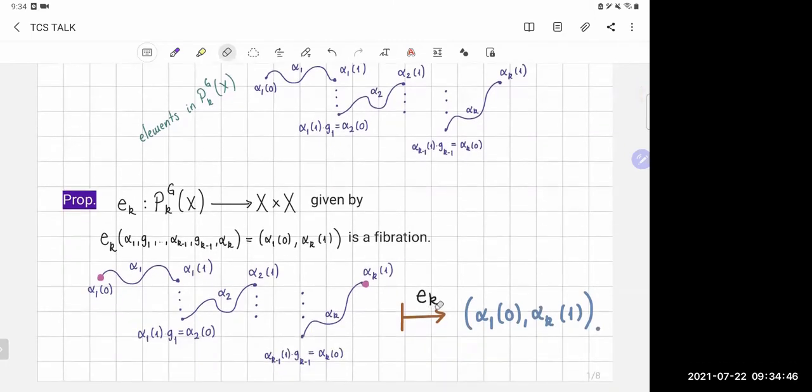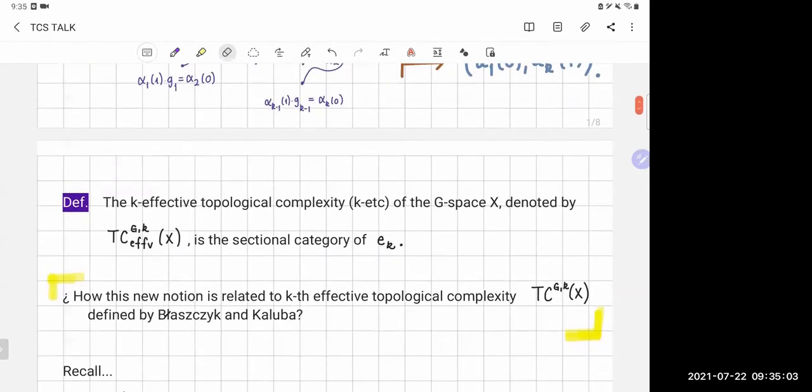So E_k takes as input an element here and turns back the initial point of the first curve and the final point of the last curve. So we define the k-effective topological complexity, k-ETC, of the G space X, denoted by this symbol, as the sectional category of the previous map, E_k.